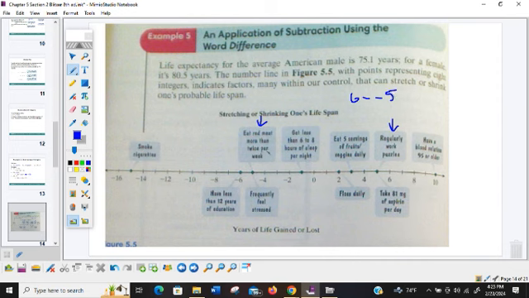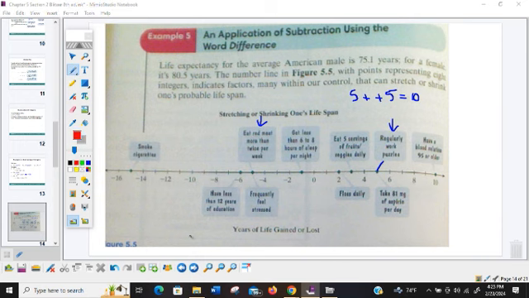I think that one is at negative 5, yes. Let's check. Oops, nope, I had the wrong number here. This is at 5. Let's be careful here. It's going to be 5. Sorry about that. This points right here to the 5, okay? So 5 minus negative 5, we would add that up, and that would be 10. There's 10 years difference between the negative 5 and the positive 5.